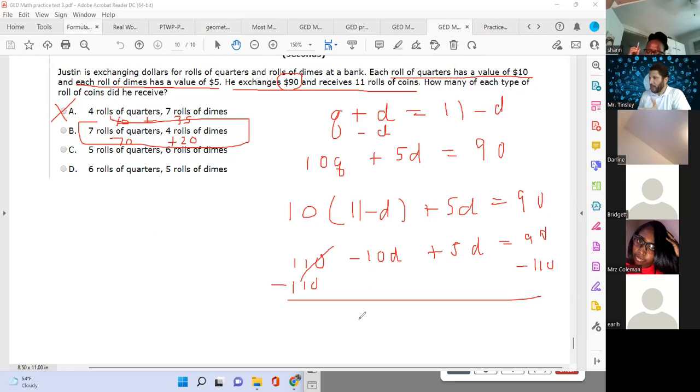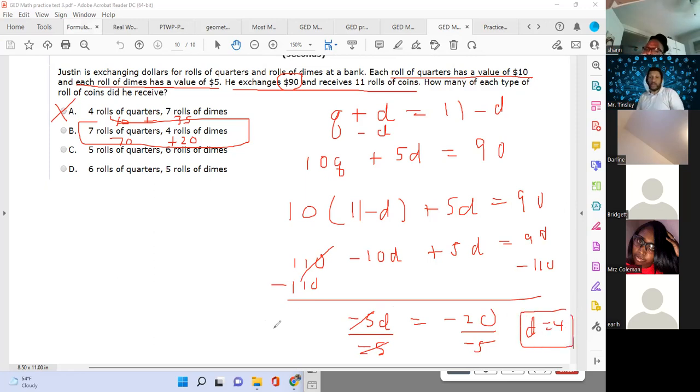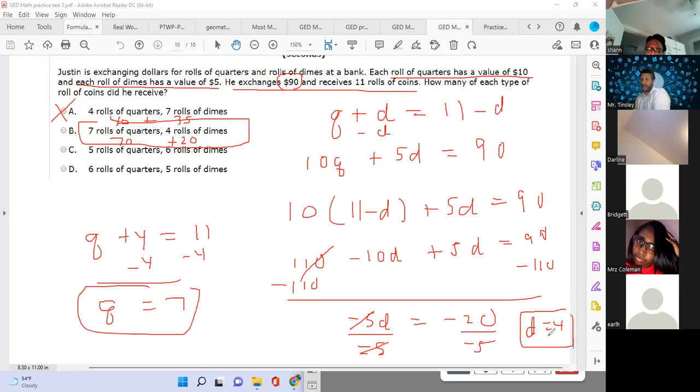Minus 10D plus 5D is minus 5D, equal to minus 20. Divide both sides by minus 5. The minus 5's cancel. D is equal to 4. If D is 4, then Q plus 4 equals 11, subtract 4 from both sides, Q is equal to 7. So the number of rolls of quarters is 7. The number of rolls of dimes is 4.